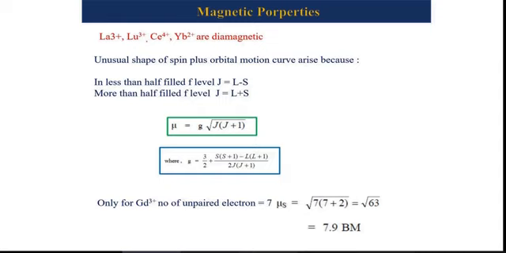If I ask this question, remember what you need to do. You have to think about what is the value of L. In case of gadolinium, because it has unpaired electrons, meaning a half-filled configuration, the value of L is equal to 0. That's why it does not take part in the magnetic moment of gadolinium.